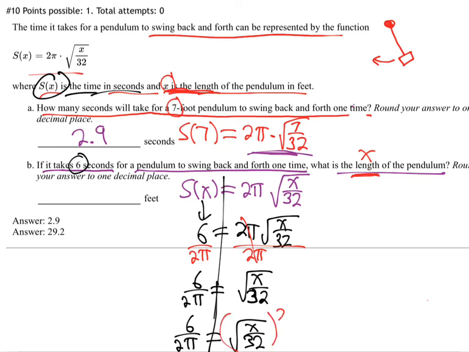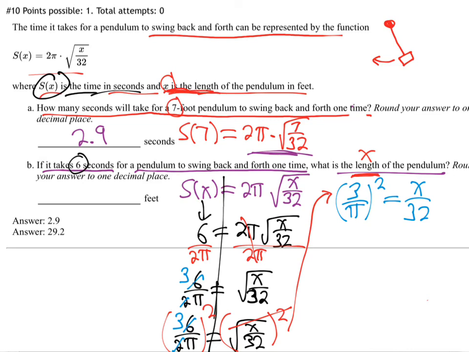We're going to go 2 power, and it cancels that root. Oh, by the way, we should also go 2 goes into 6 3 times. I should have done that back here, huh? So this becomes 3 over pi to the second power is x over 32.